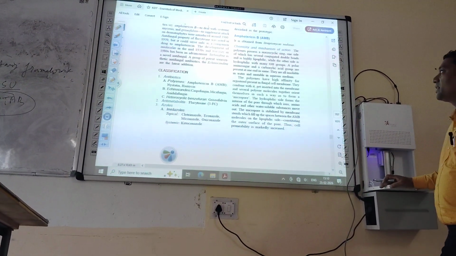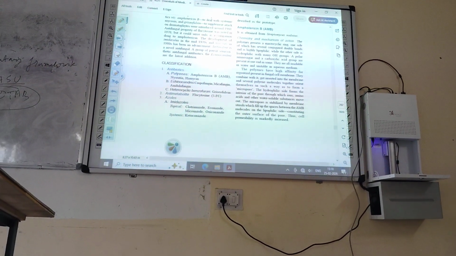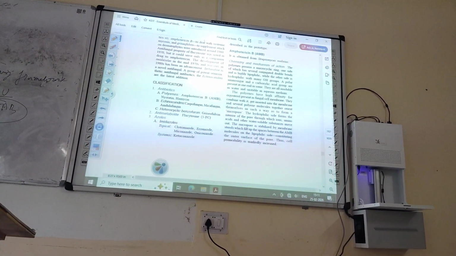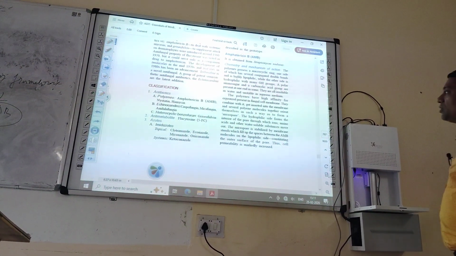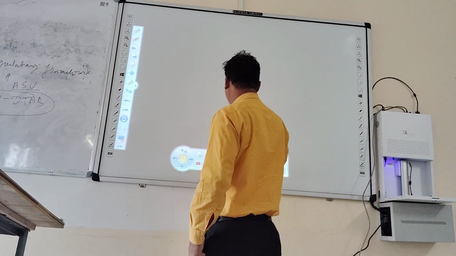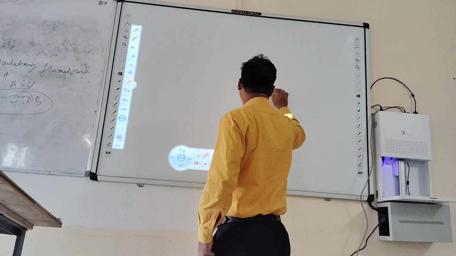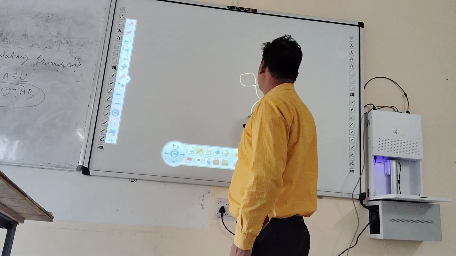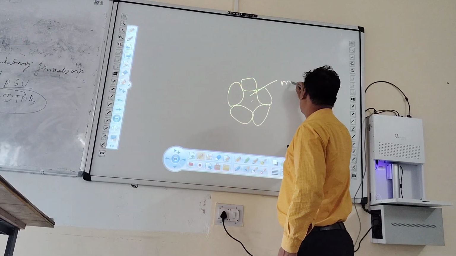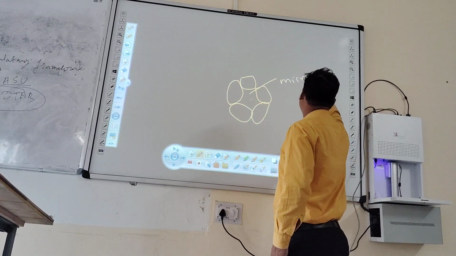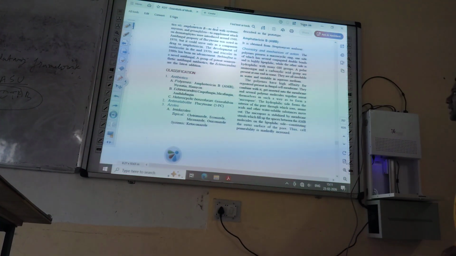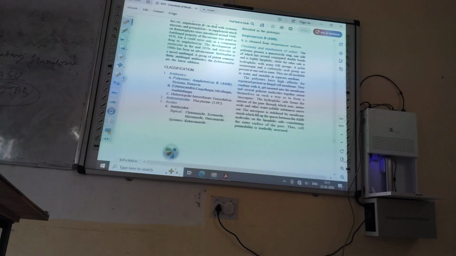They combine with it, get inserted into the membrane, and several polyene molecules together orient themselves in such a way as to form a micropore.